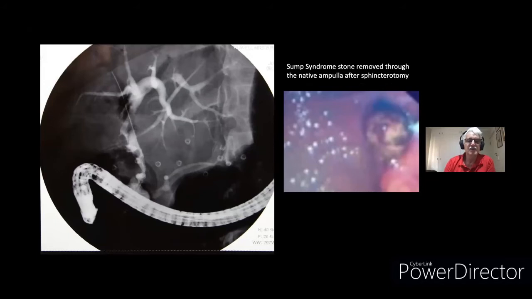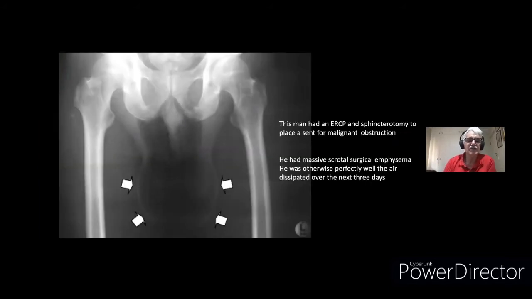And by simply removing the distal stone through the native ampulla after a sphincterotomy, this lady's problem was solved. They had been considering doing an open operation for this lady, but someone had placed a very big mesh across her incisional hernia from her original gallbladder operation, which meant I got involved to try and remove the stone from below.